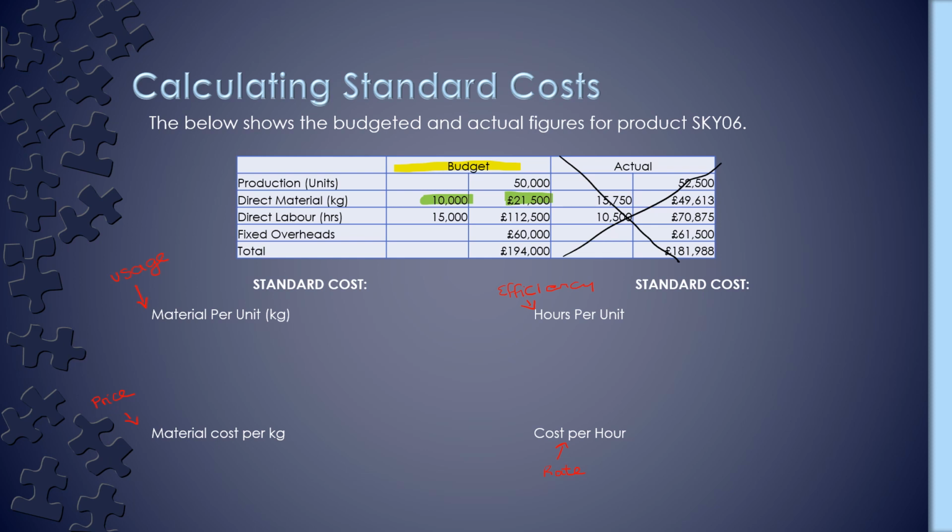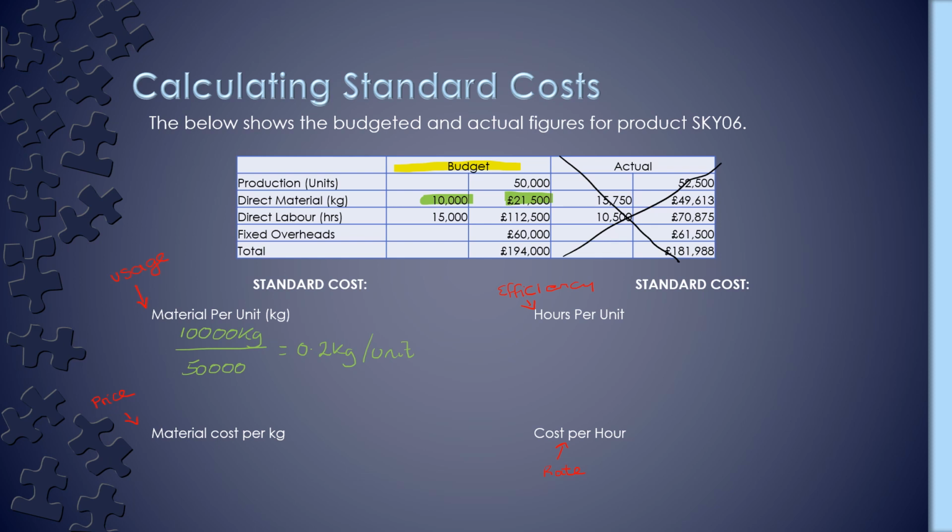So for our material per unit, we're going to want to divide the total amount of material by the total number of units produced. So we're going to want our 10,000 kilograms divided by our 50,000 units, and that gives us 0.2 kilograms per unit. So our expectation is for 1 unit of Sky 06 we are going to need 0.2 kilograms of material.